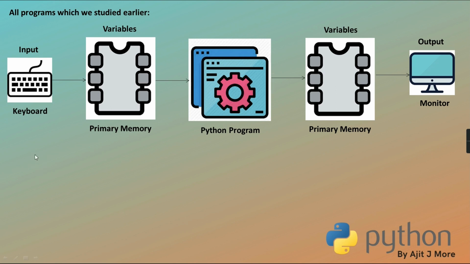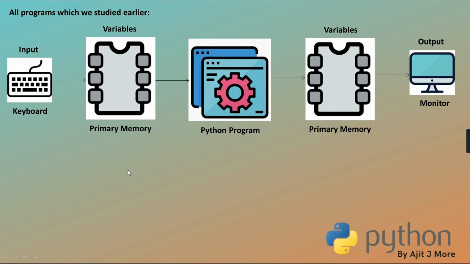But suppose the data you want to process is too large to accommodate in primary memory. Then obviously the solution is some secondary storage, not primary memory.